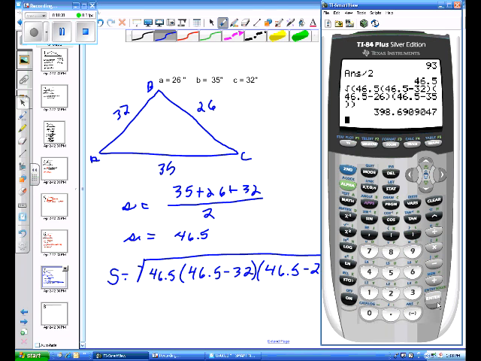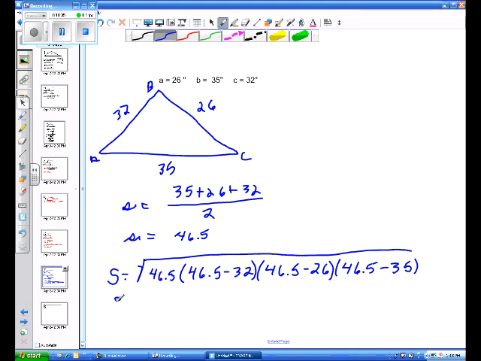So we get 399 square feet. Inches, square inches. So these are three different ways depending upon what you're given.